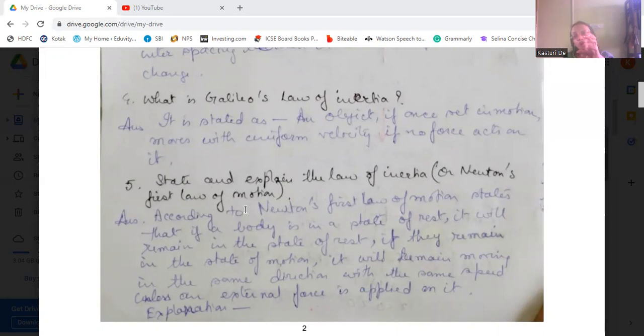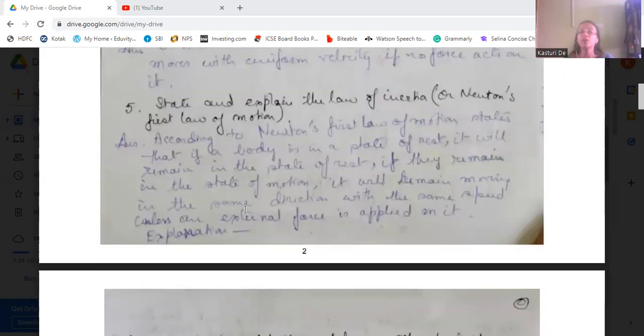Until and unless a force is applied on it, you cannot stop that body or change its velocity. So this is the law of inertia, which is stated by Galileo.